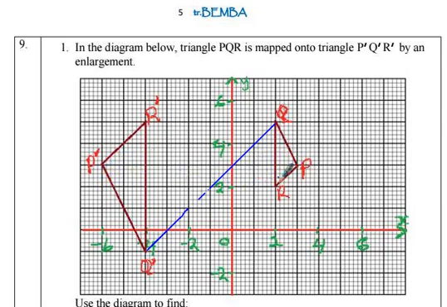Now, I want to connect this other second point of mine. Since the line is already there, I'll just trace through it. Please use a ruler so that you have a nice straight line. I'm unable to use it now here. And this point here is the center of enlargement.